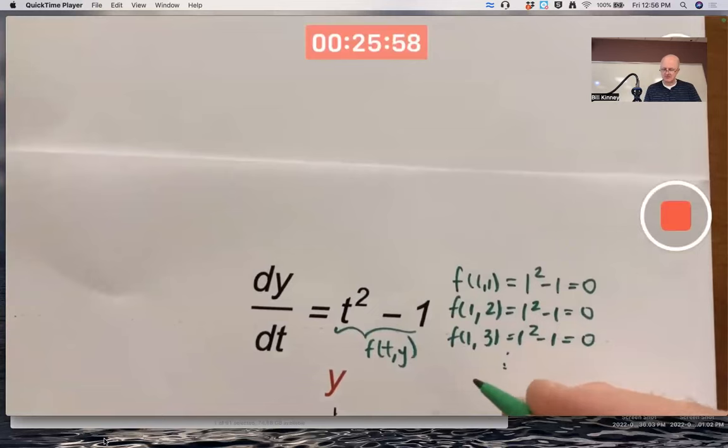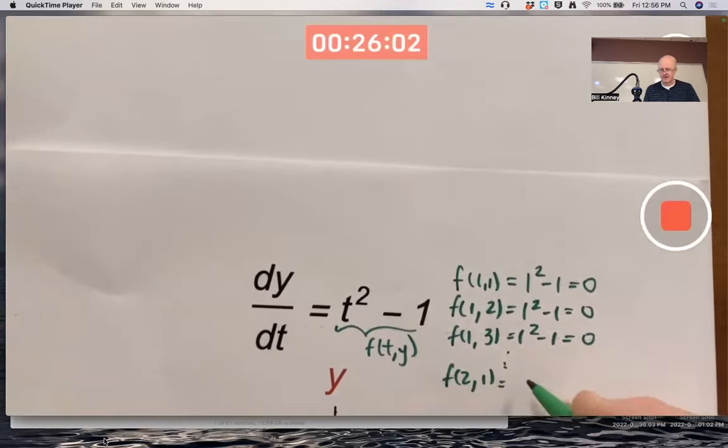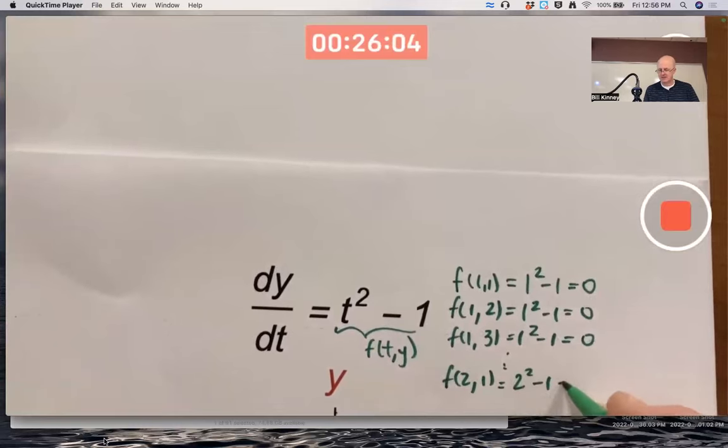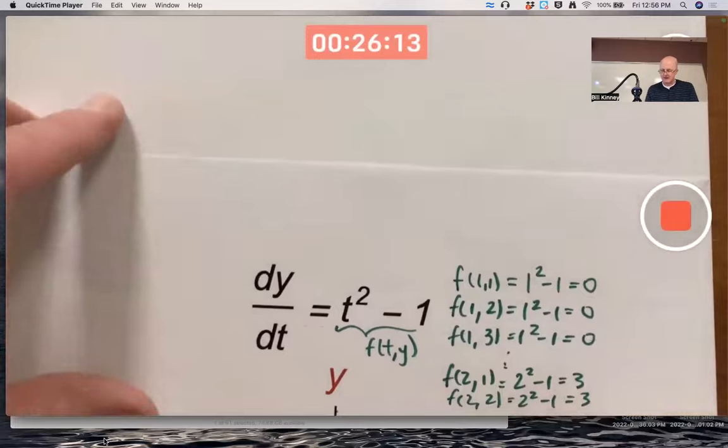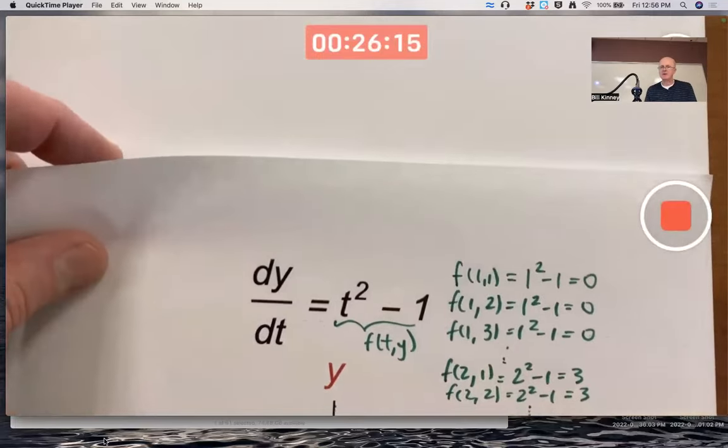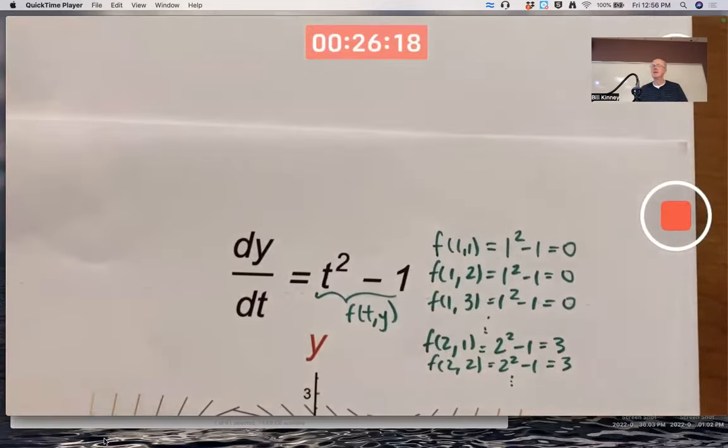Like, what if t is 2? Then do 2 squared minus 1, which is not 0, it's 3. And f of 2, 2 would be 3 as well. In fact, at any point where the first coordinate is 2, the output's going to be 3. Meaning, in the slope field, along the vertical line where t is 2, a little further to the right, all your line segments have a slope of 3.